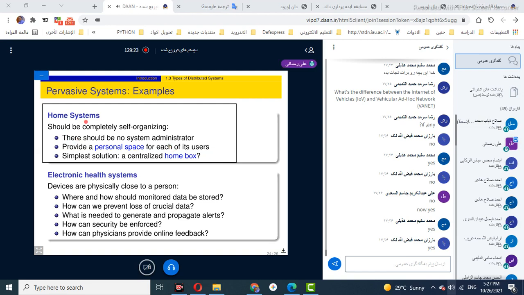Also, you can see this paragraph, electronic health systems. Read all these items. It helps you to envision the applications and opportunities of Internet of Things in different areas.